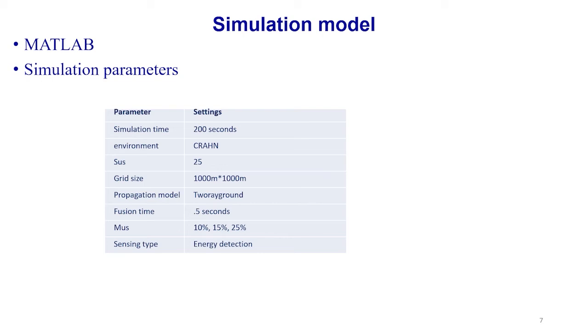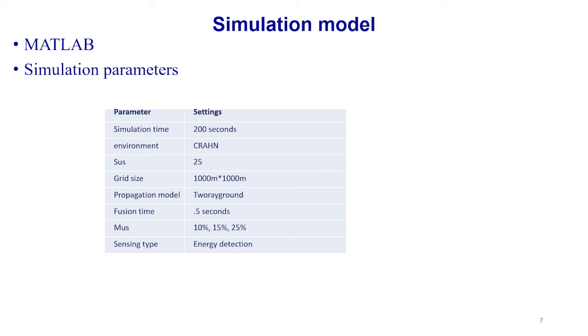In that network of 25 nodes, scenario number 1 had 10% of the nodes as malicious users or attackers.